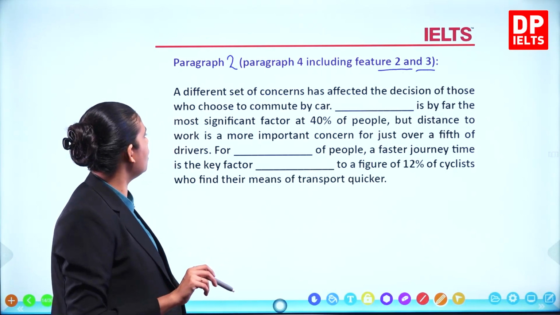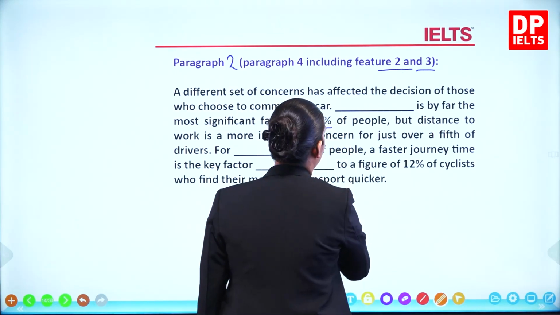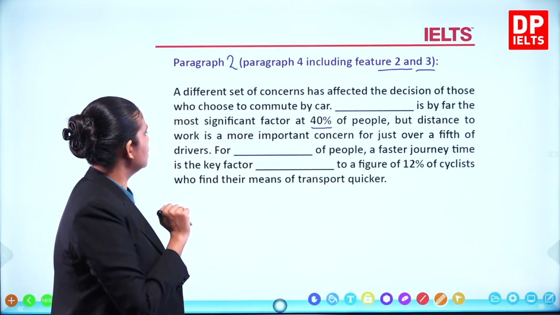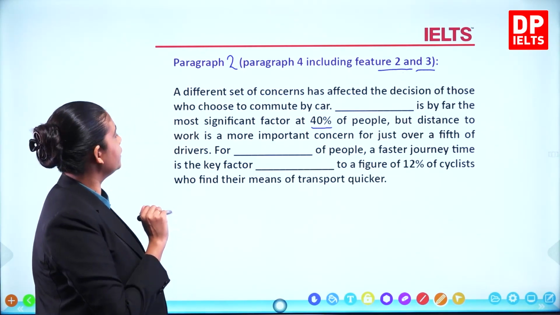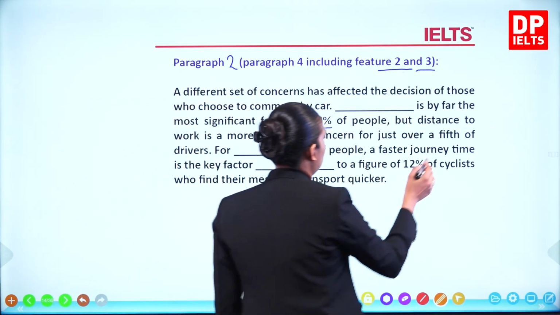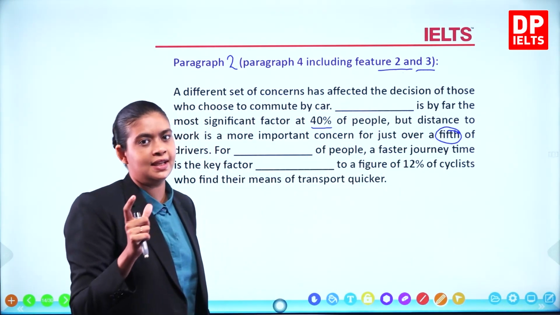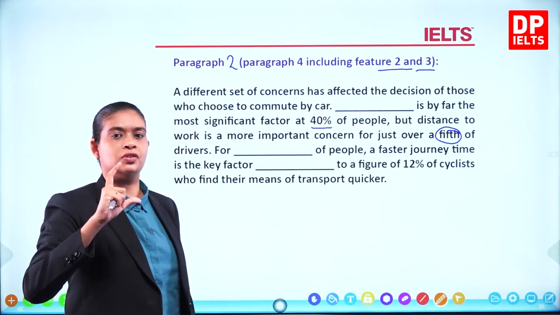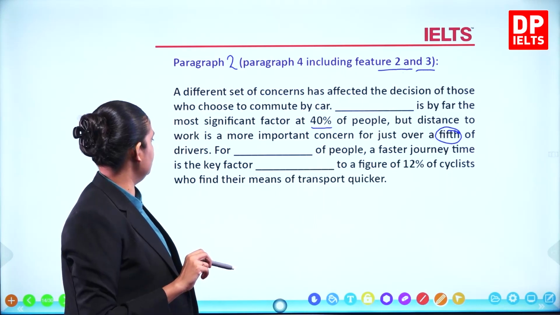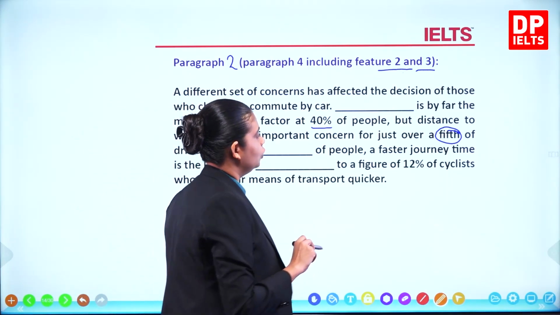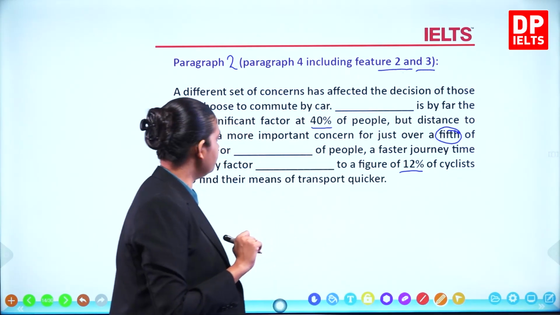Blank is by far the most significant factor at 40% of people, but distance to work is a more important concern for just over a fifth of drivers. So you all can see here a fifth of drivers. I've not written the percentage, but the amount. A faster journey time is the key factor blank to a figure of 12% of cyclists who find their means of transport quicker.